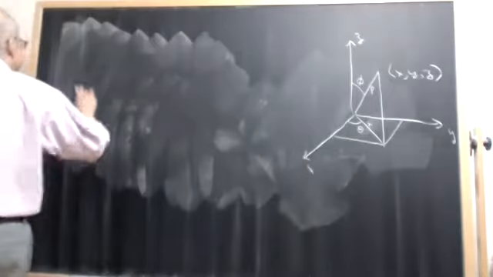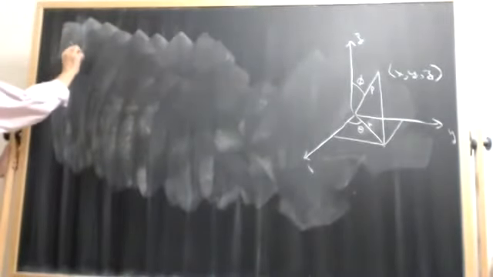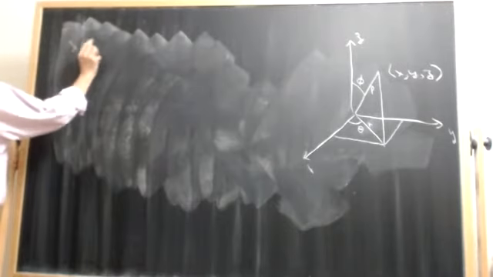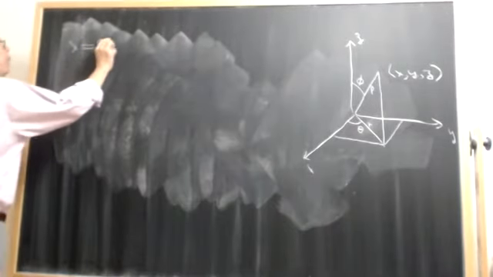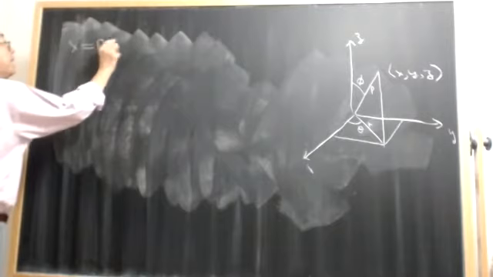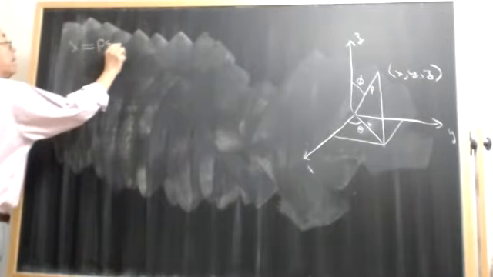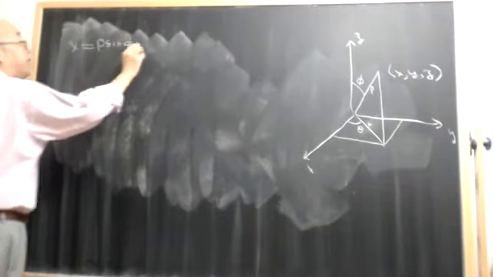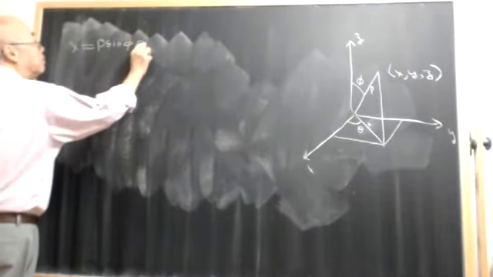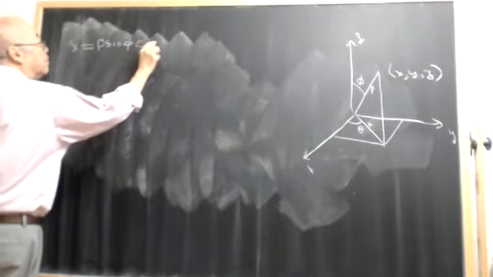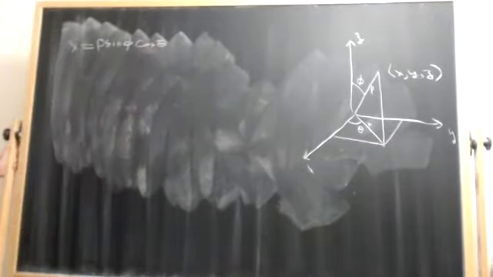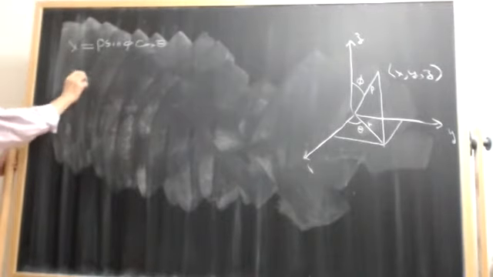So X is rho sine phi cosine theta. And then Y is rho sine phi sine theta.